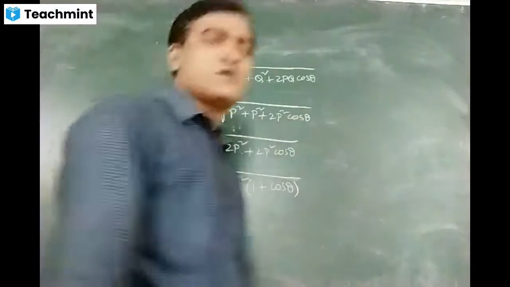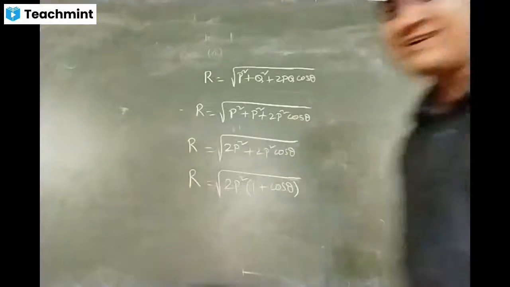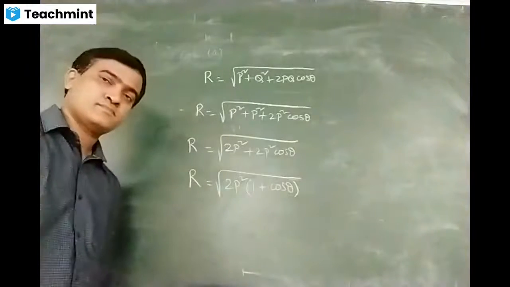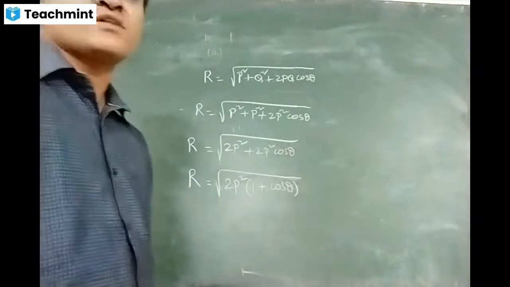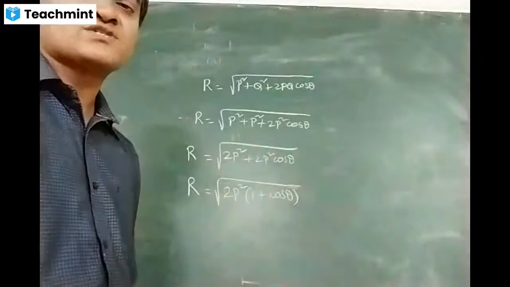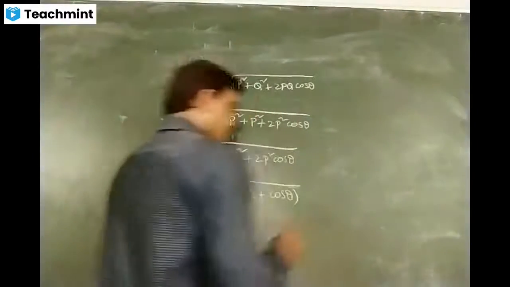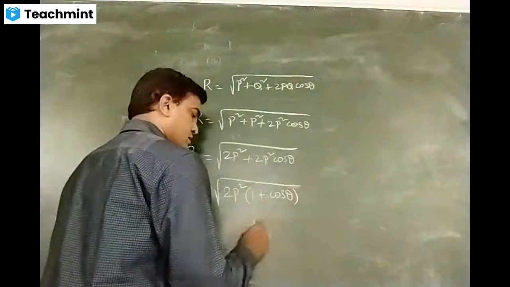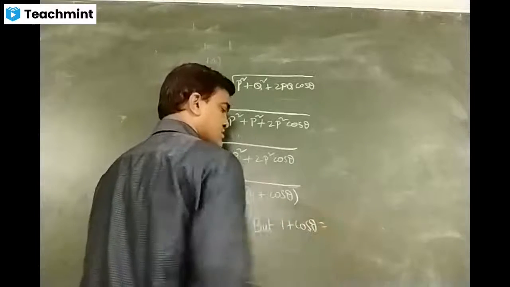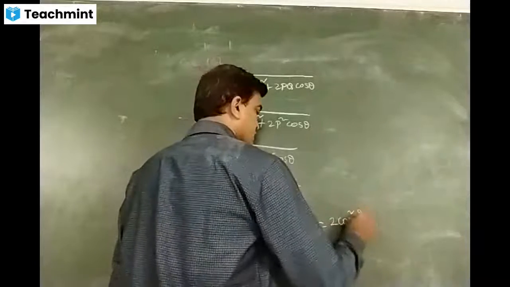Just recall what is the formula we have for 1 plus cos theta? It is in the bridge course. We have one formula for 1 plus cos theta: 1 plus cos theta is equal to 2 cos square theta by 2.